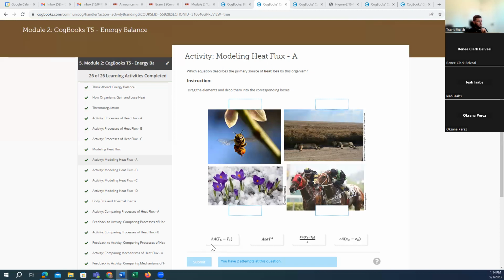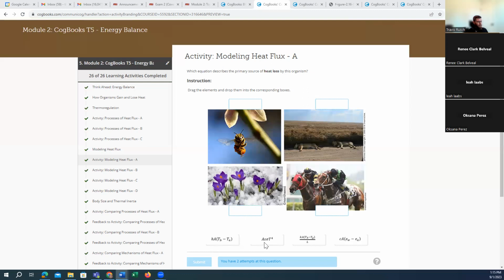Hold on one second, I'm pulling my notes up. Sure. So that one where it's HA is for convection. Yeah, and that again, we said this typically has to do with wind or water, right?